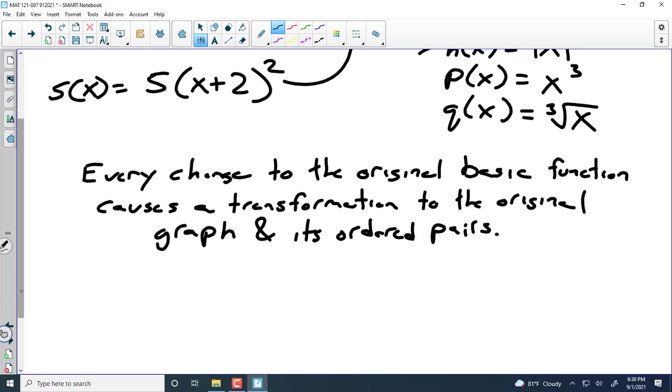Anything that I might put in there is going to change it. It's going to cause one of those things to happen that we talked about: a horizontal shift, a vertical shift, a reflection, a stretch, a shrink. Everything that I include, everything that's different from the original function, causes one of those things to happen.